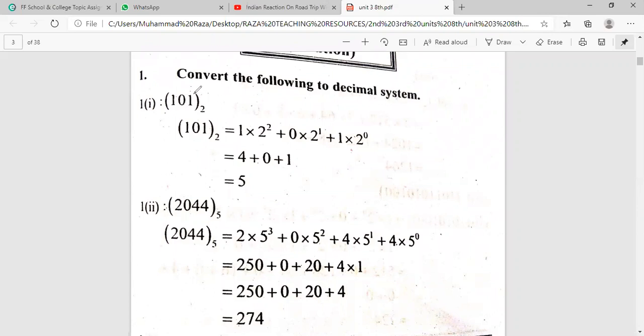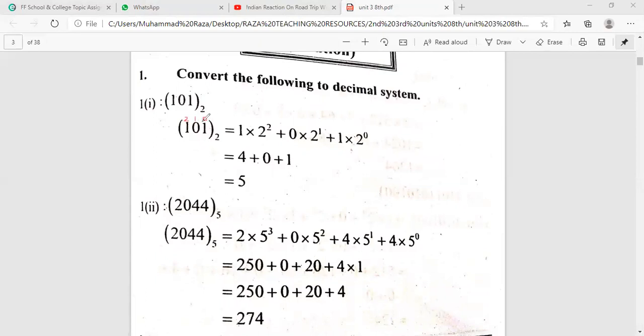How will we change it into the decimal system? First of all, we write numbers over the digits: 0 over the first digit, then 1 over the second, and then 2 over the third.